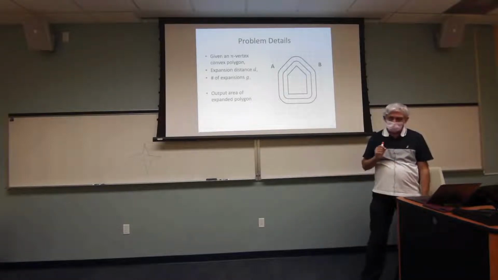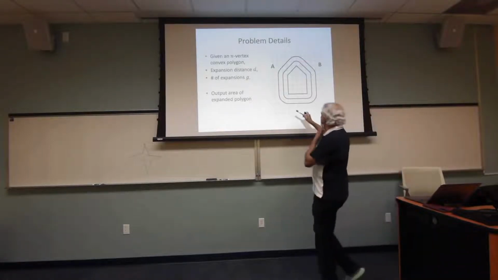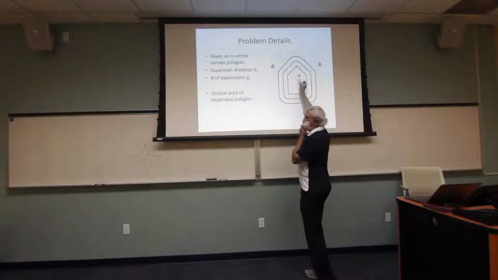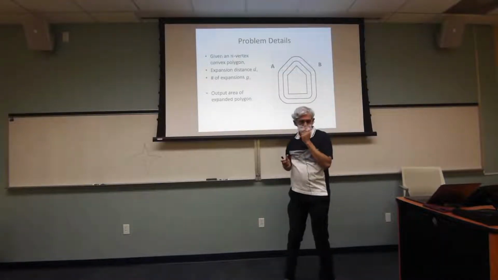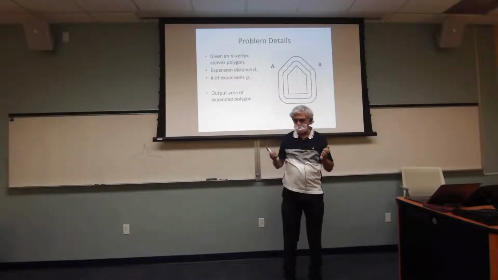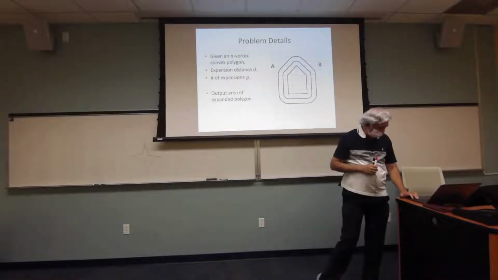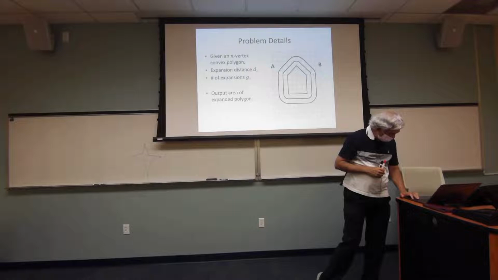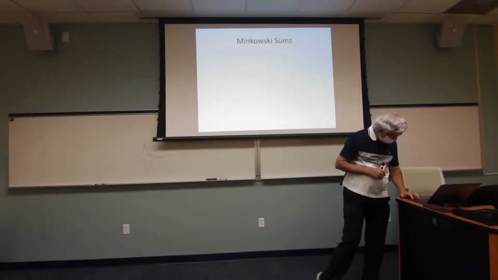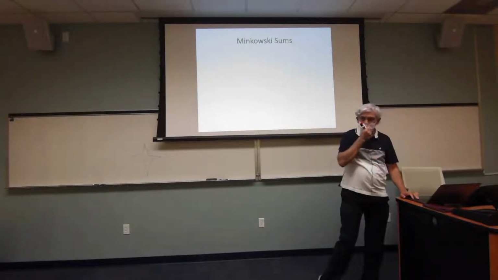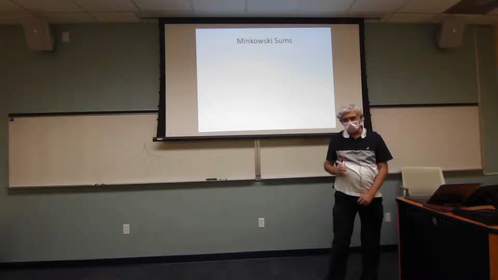So our job is to characterize this strip in order to figure out how the area is expanded. And for this, as Rukman said, we're going to use something called Minkowski sums.